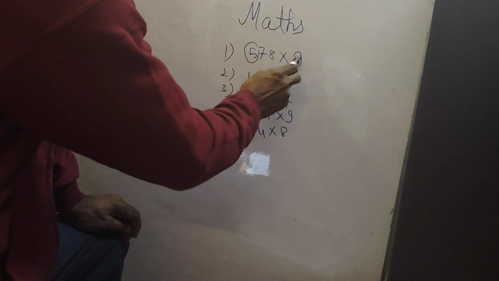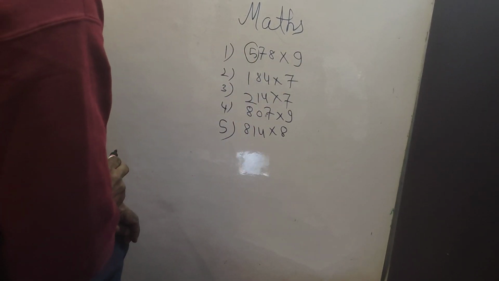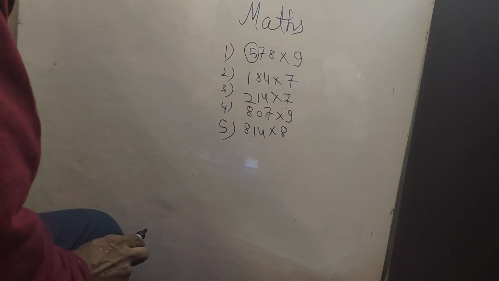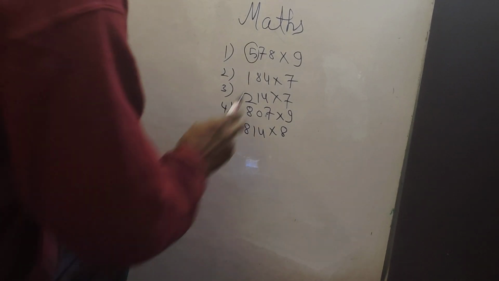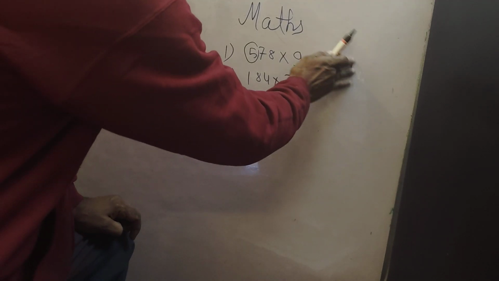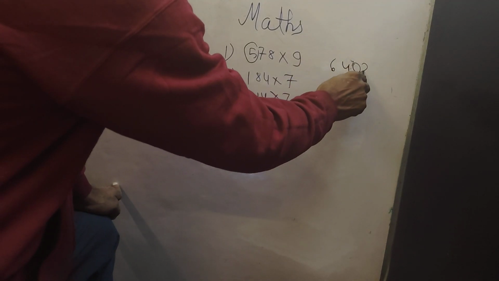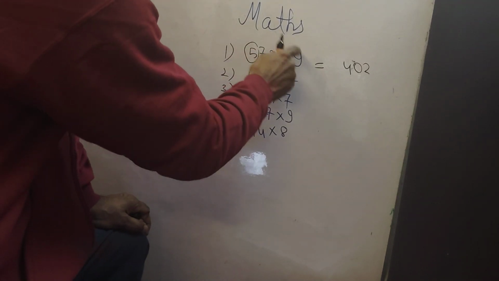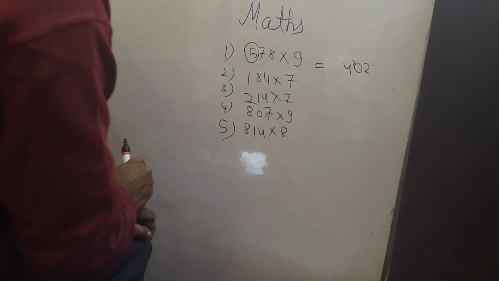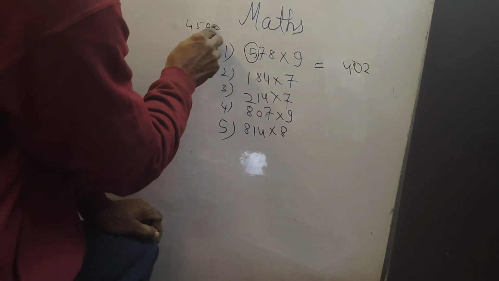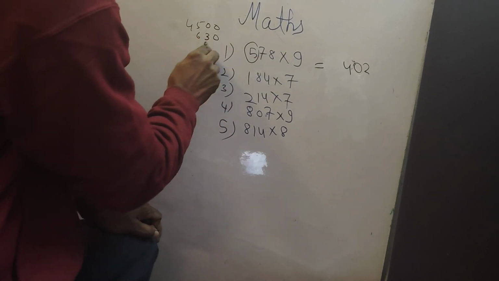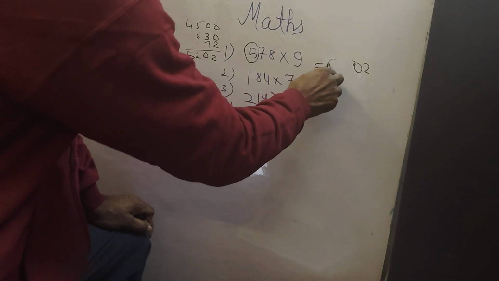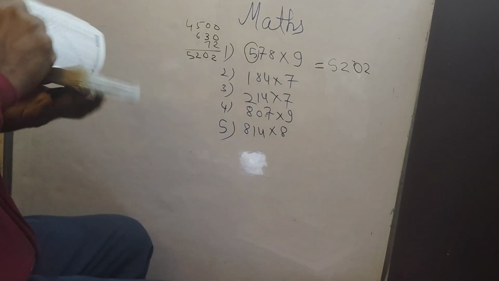So 630. 4500 plus 630 is 5130. 5130 plus 8 times 9, which is 72, gives 5202. 5202 is the answer.